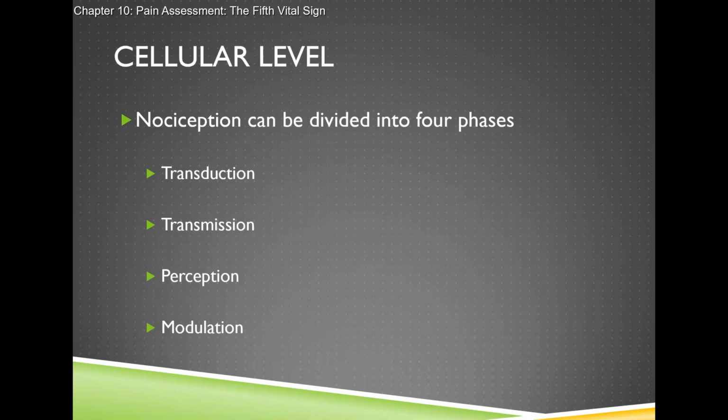In the second phase of nociception, and this is at the cellular level, you guys, is transmission. Once it gets to the spinal cord, the impulse moves from the spinal cord to the brain.